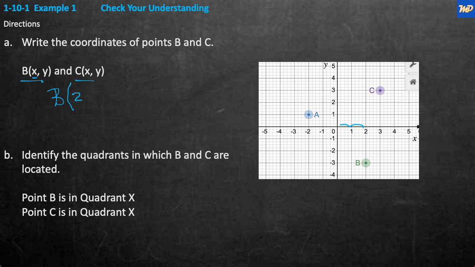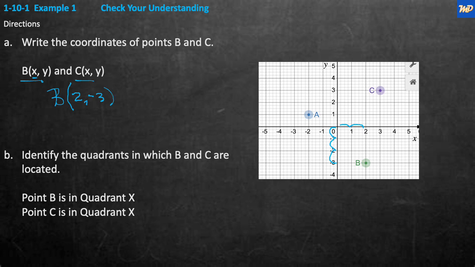And where is the y? What's the y position? In order to get to this point from here, we have to go 1, 2, 3 points down. And down from the x-axis is negative. So, comma, -3. That is the position of B.